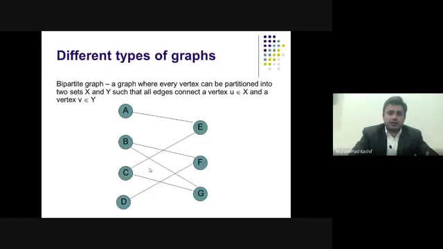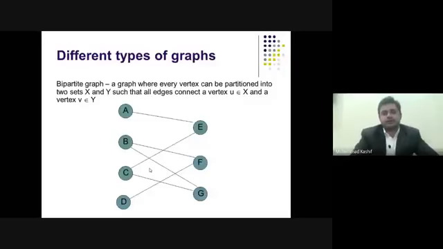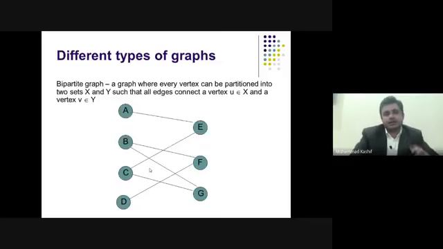In this graph, we can partition, we can separate one group from another group. By look it seems like a connected graph, but we can provide a partition. We can split these nodes into multiple partitions.